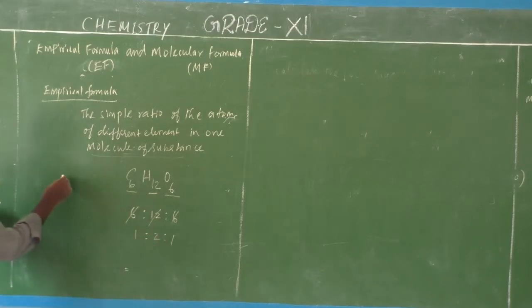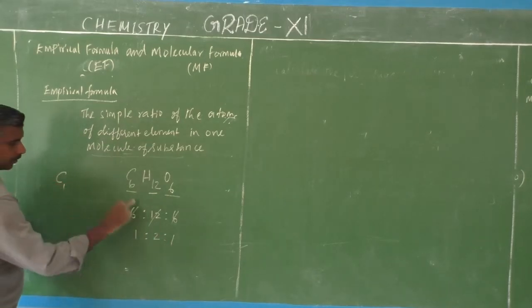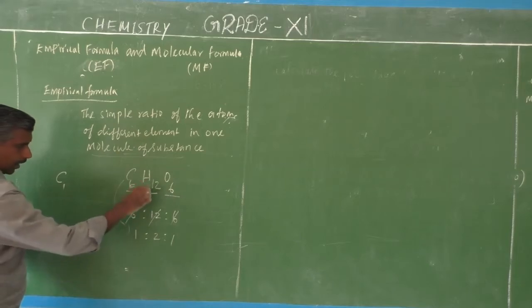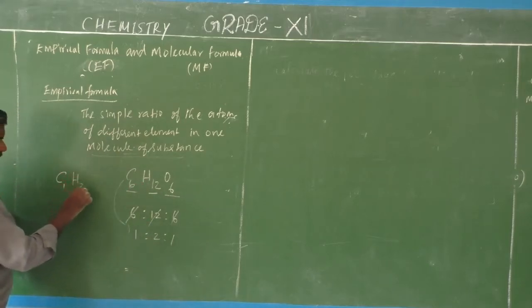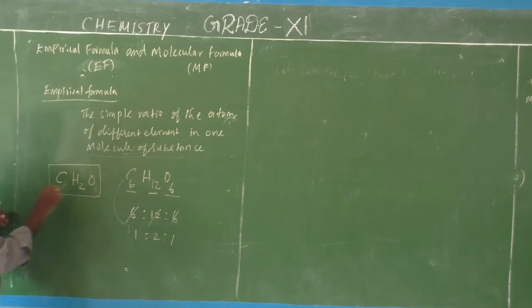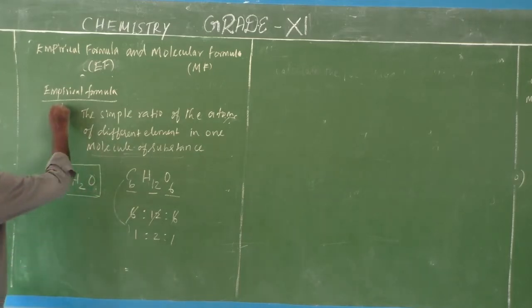So carbon 1, hydrogen 2, oxygen 1. This is the empirical formula of glucose.